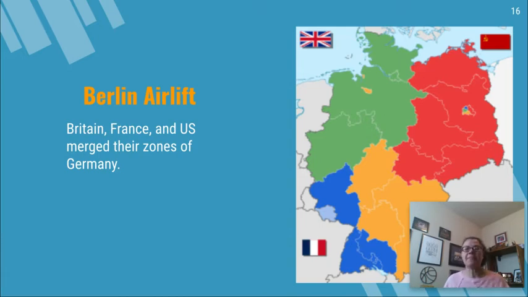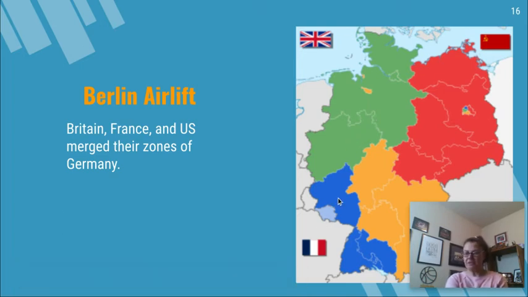so we don't lead into another world war caused by Germany. And so what they do is they divide Germany into 4 parts amongst the 4 winners of World War II. So right here, the red part, that's going to be the Soviet Union's. The green part, that's going to be Great Britain's.